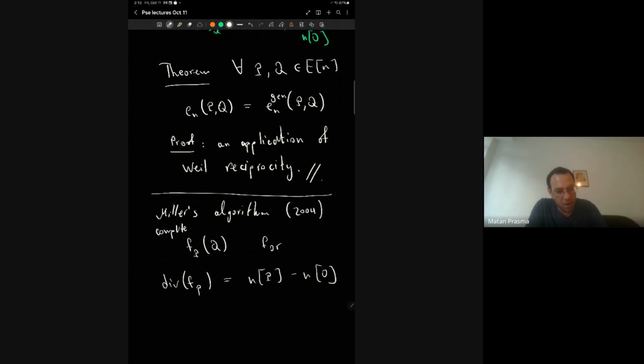Where it took him like 6 or 7 years to get it published, and now with zero knowledge snarks and the rest of it, pairing-based cryptography, Miller algorithm is the most central computational tool. I mean, the only way basically that we know how to compute pairings efficiently is using the Miller algorithm.